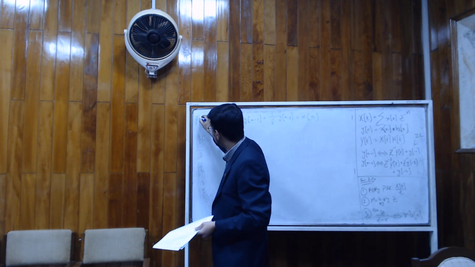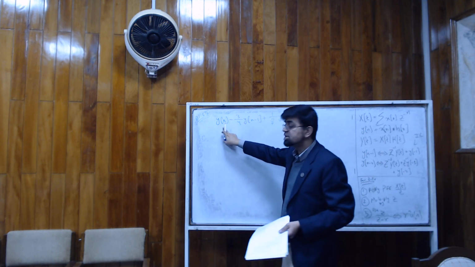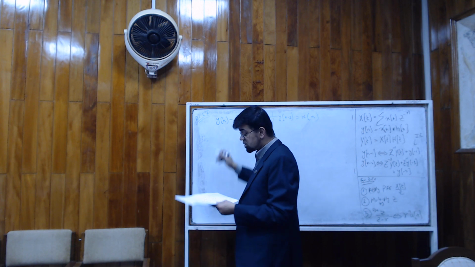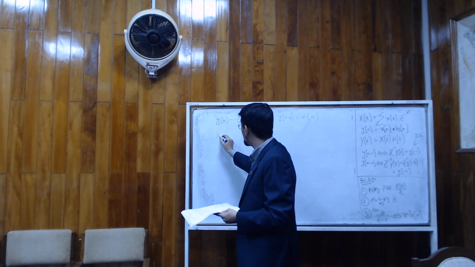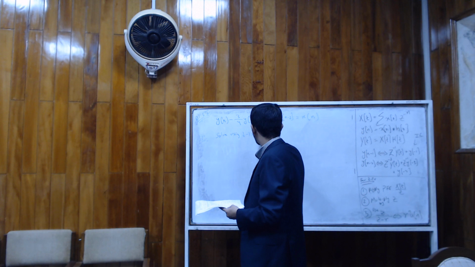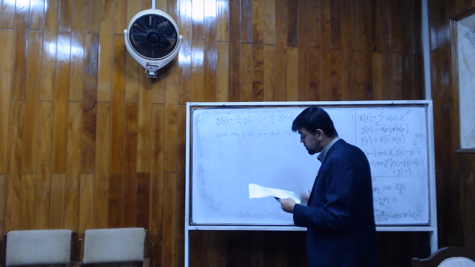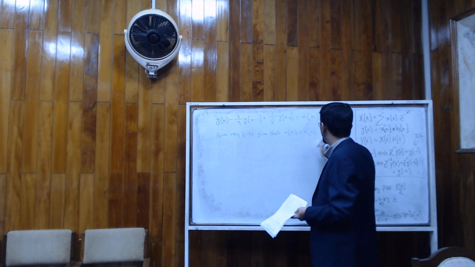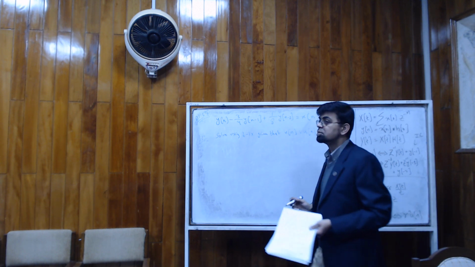You're told that this is a DT-LTI system where yn is the output and xn is the input, and you're asked to solve this difference equation using Z transform, given that xn, the input, equals un, unit step, and all initial conditions are 0.